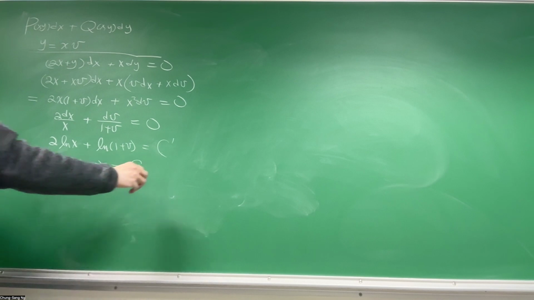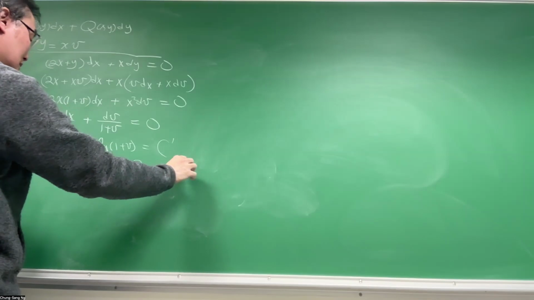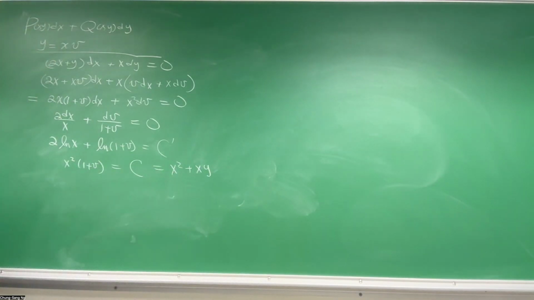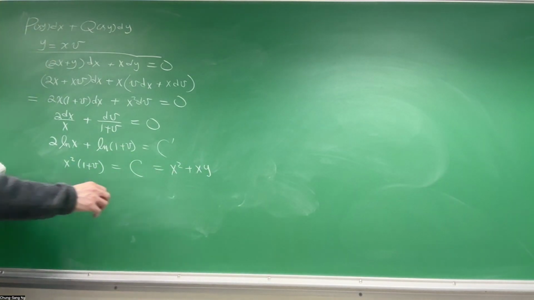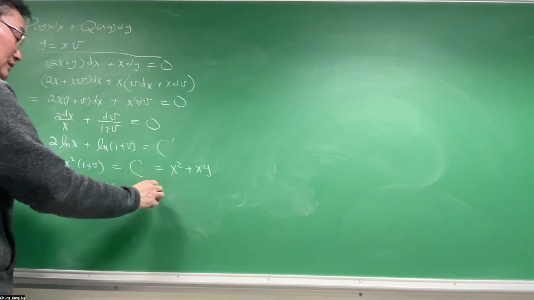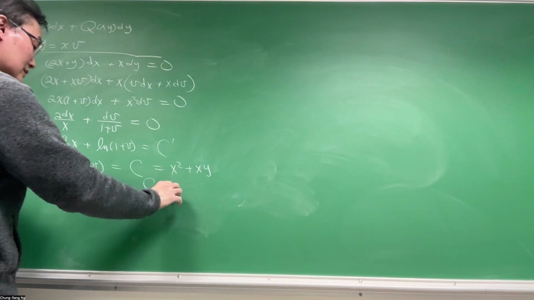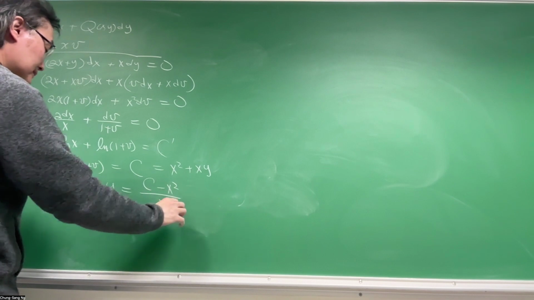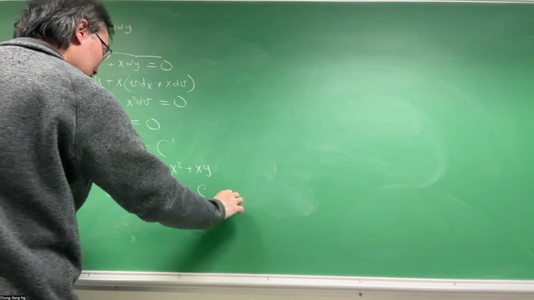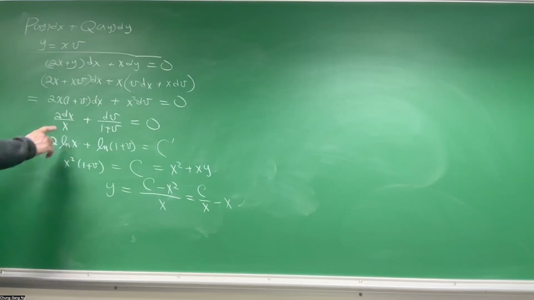You want y as a function of x, so this equals x squared plus x times y, right. And you solve for y, so y is a constant minus x squared divided by x, or c over x minus x. Right? Did I do it correctly?